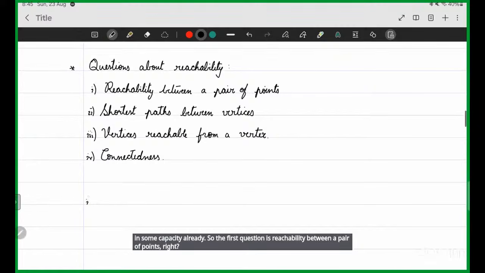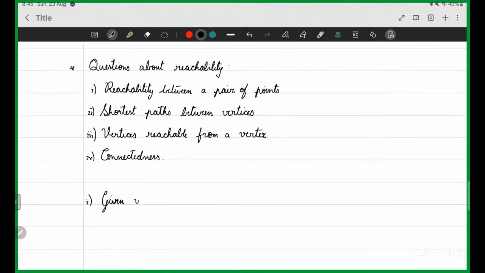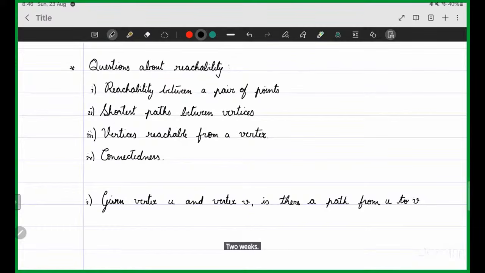Given vertex U and vertex V, is there a path from U to V?